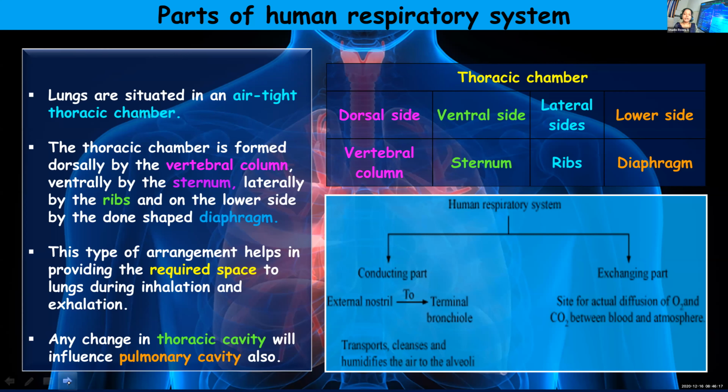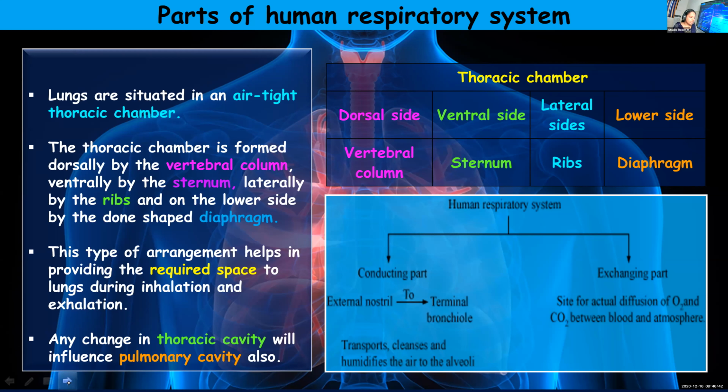So once again, the human respiratory system you can broadly categorize into the conducting part and the exchanging part. The conducting part includes the parts from the external nostrils till the terminal bronchiole, and its function is to transport, cleanse and humidify the air reaching the alveoli.